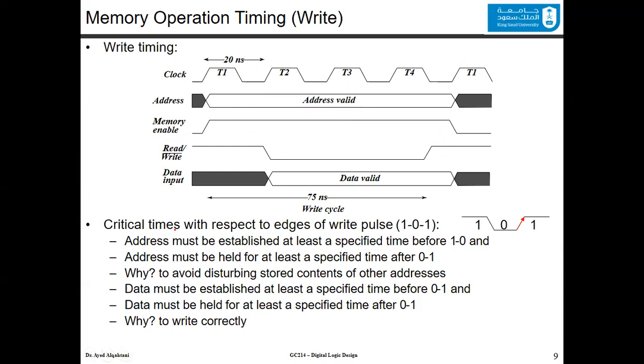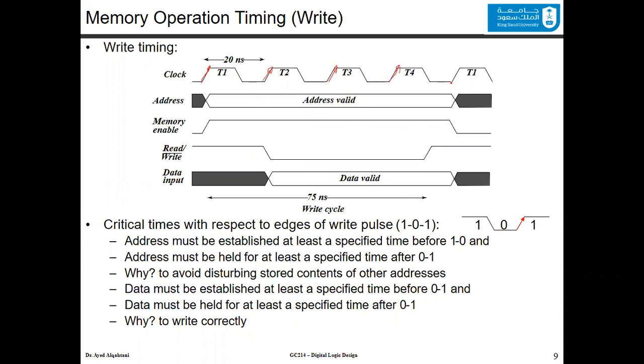There are some critical times with respect to the edges of the write pulse. We assume a rising edge, or positive edge, clock. So the operations will happen on every rising edge, for the read and also for the write.